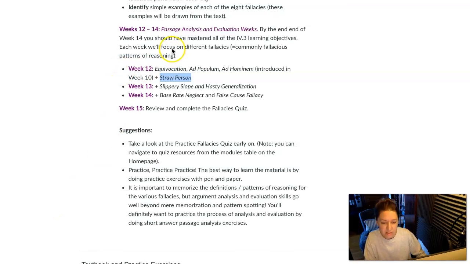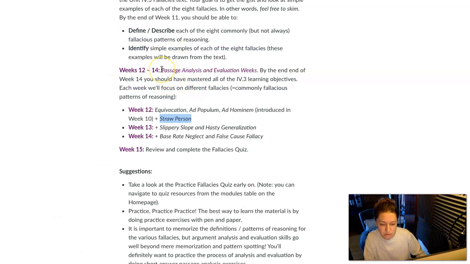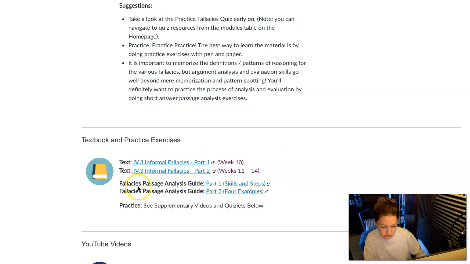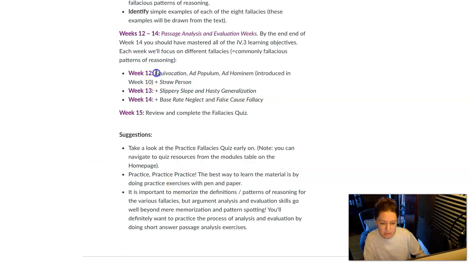And one last bit of advice: I've already suggested you review the passage analysis guide. For the non-short answer homeworks, you'll find that instead of multiple choice this time, it's drop-down menus.